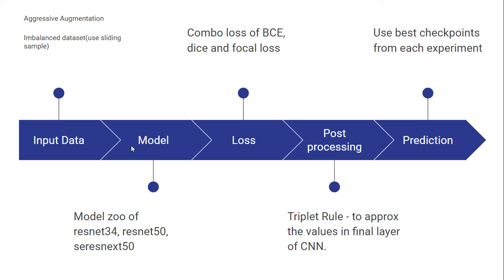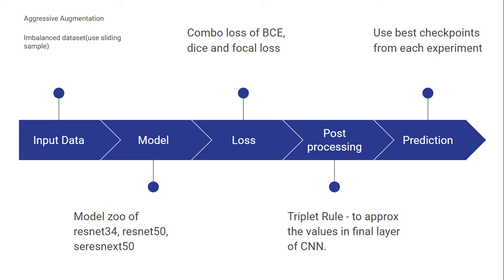Our model is actually a model zoo, so he uses three different models: ResNet 34, ResNet 50, and SE-ResNeXt 50. Then this model has a loss function. This loss function is a combination of binary cross entropy, dice loss, and focal loss, which have been provided with suitable weights.